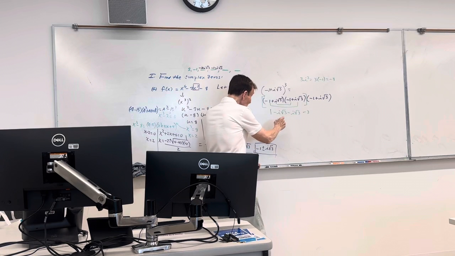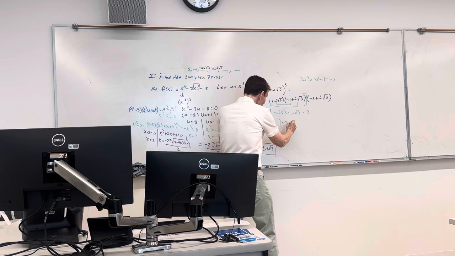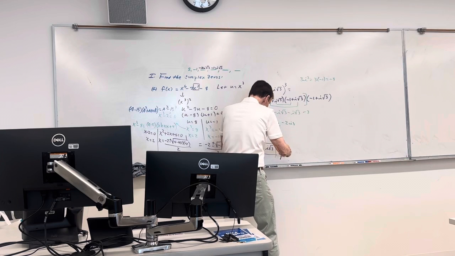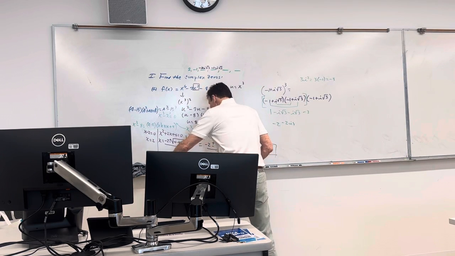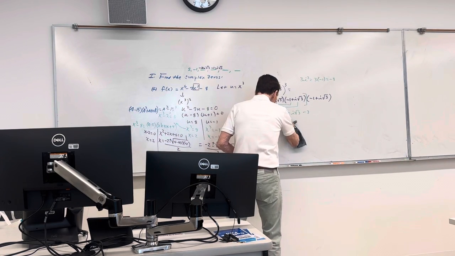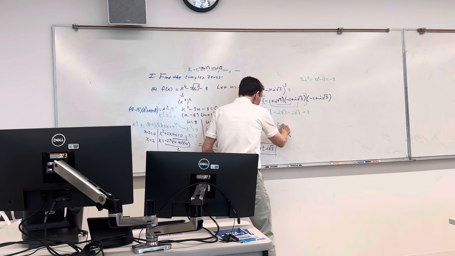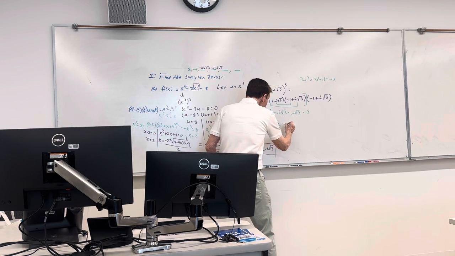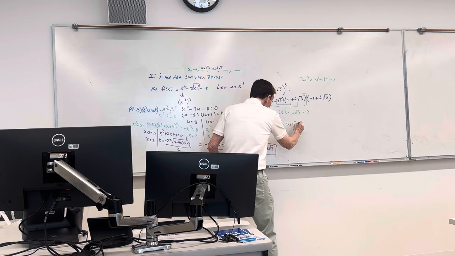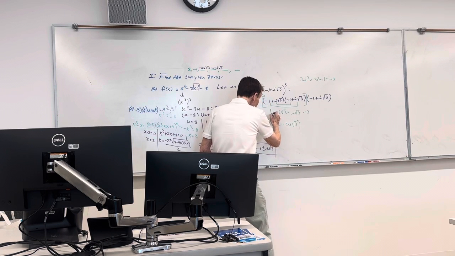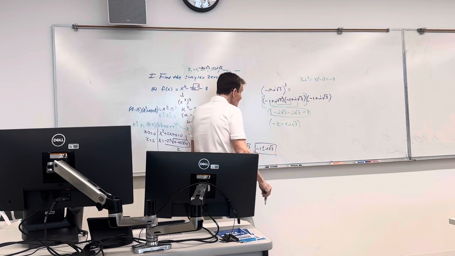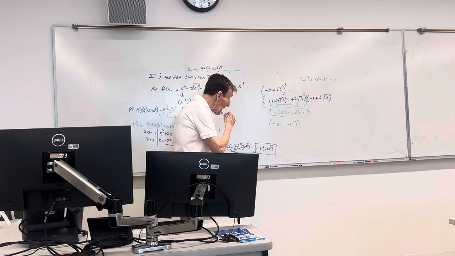Now, combine like terms. Let me put my numbers together: 1 minus 3 is negative 2. So I got negative 2 minus 2i radical 3. Guys, I just collected terms up here. 1 minus 3 is negative 2, and I put the i terms together.